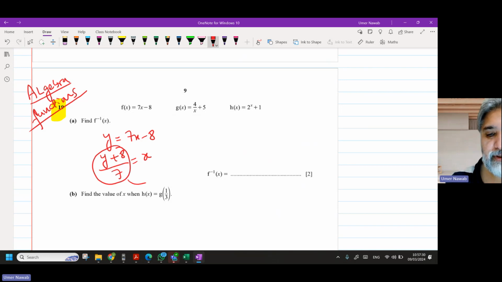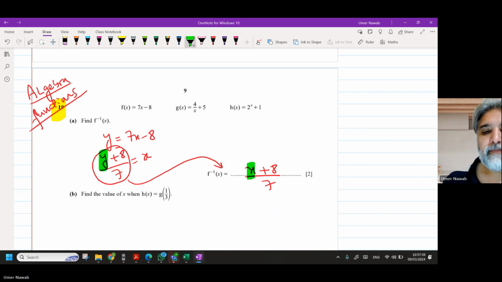So this is the inverse function. So x plus 8 over 7. You all remember that y has to be replaced with x. And whenever you want to find the inverse function, you have to make x the subject. So once you make it, since my input is in the form of x, I have to write x here, not y.